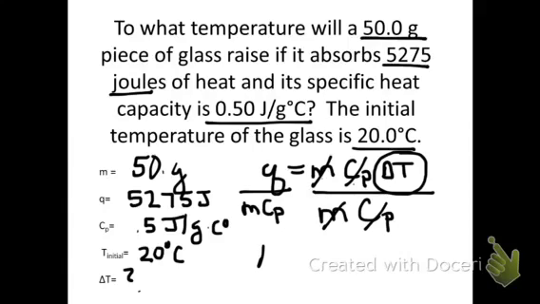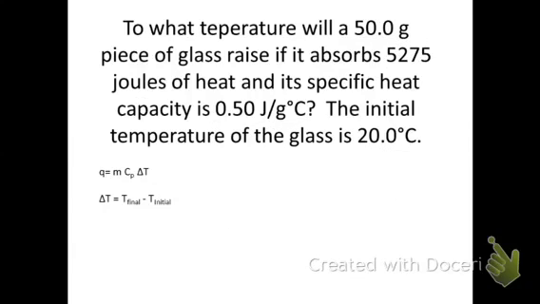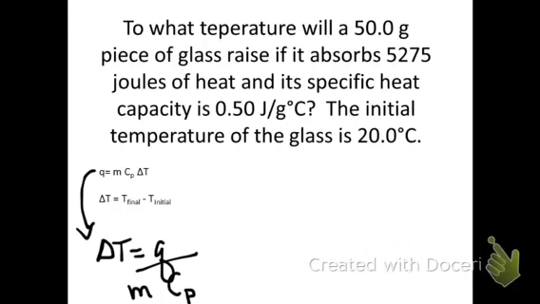And when I do that, I have delta T is equal to Q divided by mass times specific heat. So I have rearranged this formula to read delta T is equal to Q divided by mass times specific heat.